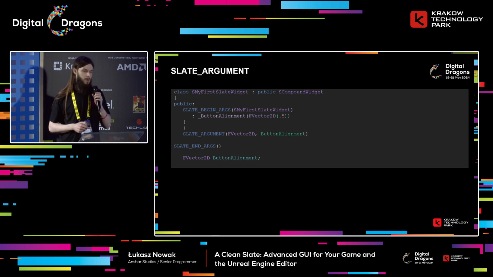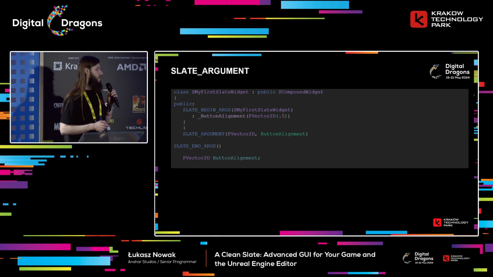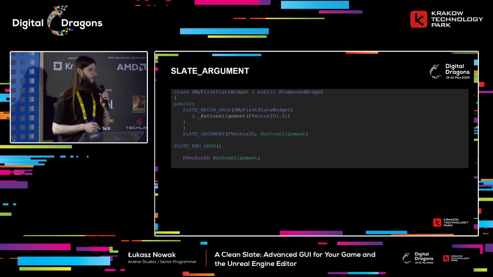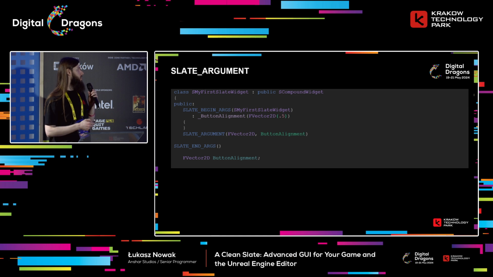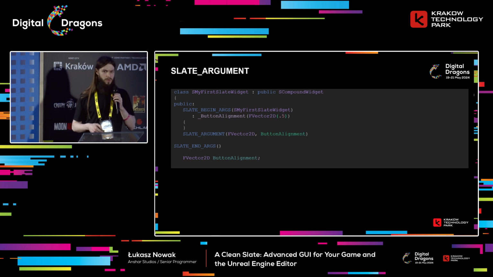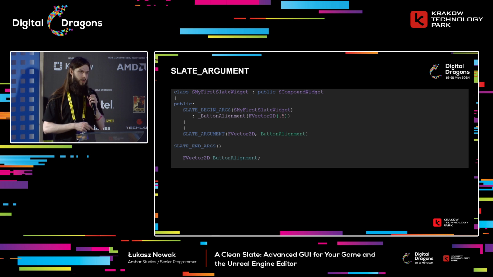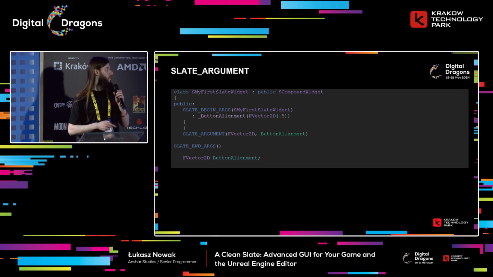And what this macro, along with begin and end args, will do, it will create for us a function to automatically set it, and it will also create this argument here that I'm defaulting when initializing this widget. Note the underscore, because every argument you put in this macro will have the same name except prefixed with an underscore. It's the Slate way of not duplicating the names, so it could compile at all.